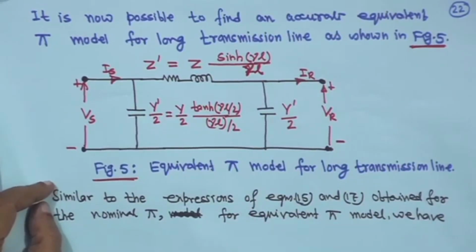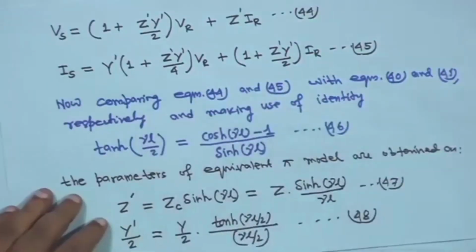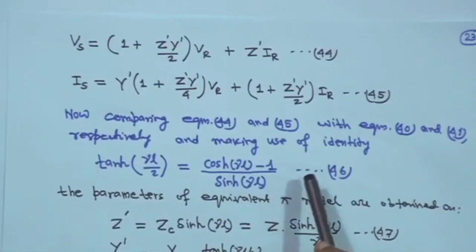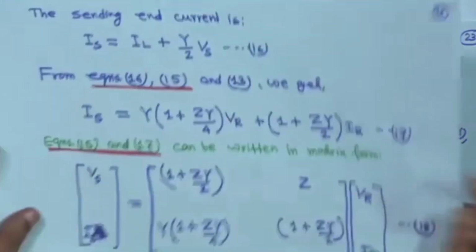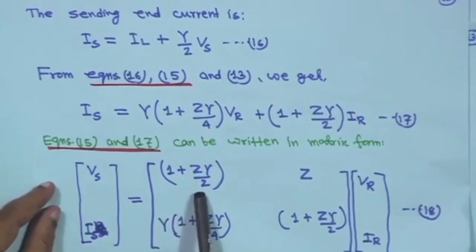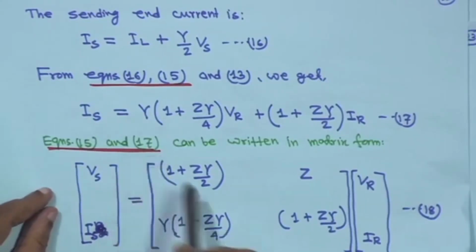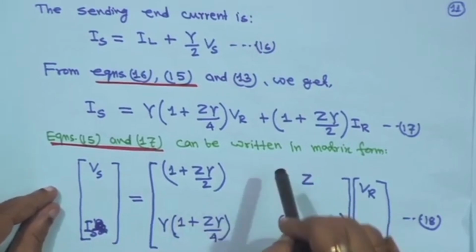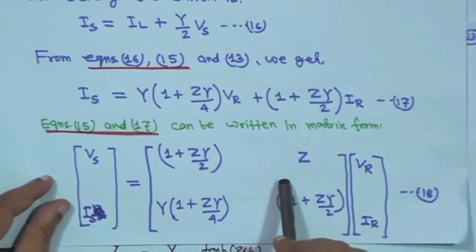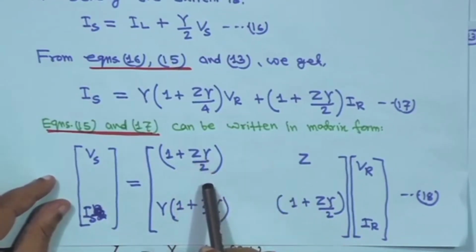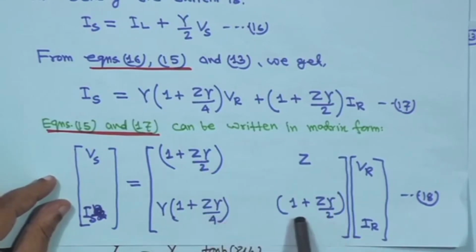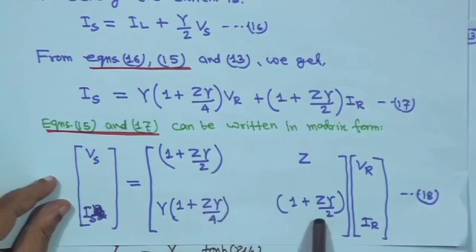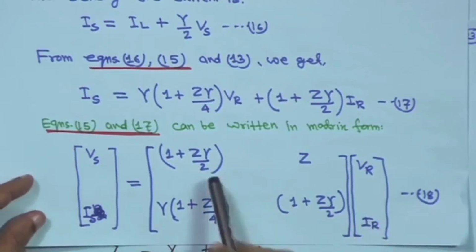Now, if you see the pi network, the sending end and receiving end relationship, this is Vs, that is A is equal to, this is for equations 15 and 17, go back to that pi model for ABCD parameters. This is 1 + zy/2, this is z, this is y(1 + zy/4), and this is 1 + zy/2, A is equal to D, no. So, the same equation.